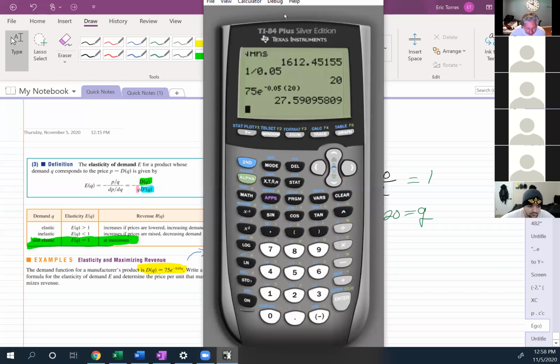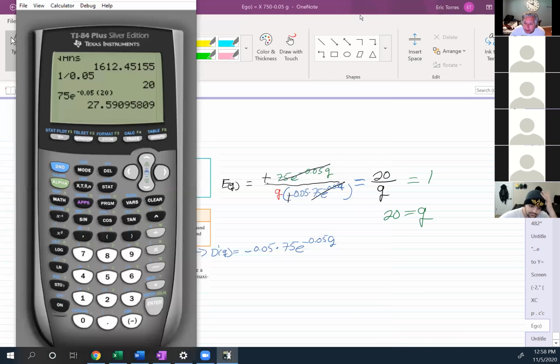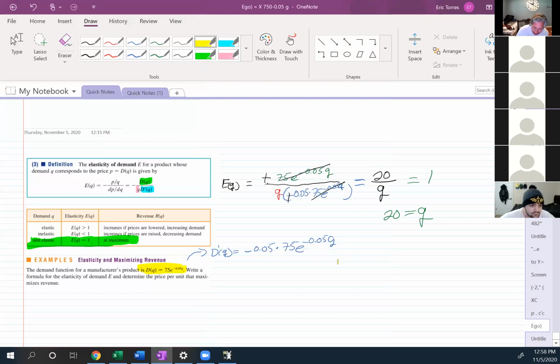So my price, I'm going to assume, is in dollars, and my Q is in units of production. Meaning, I'm going to maximize my revenue with a price of, what is that, 27.59?